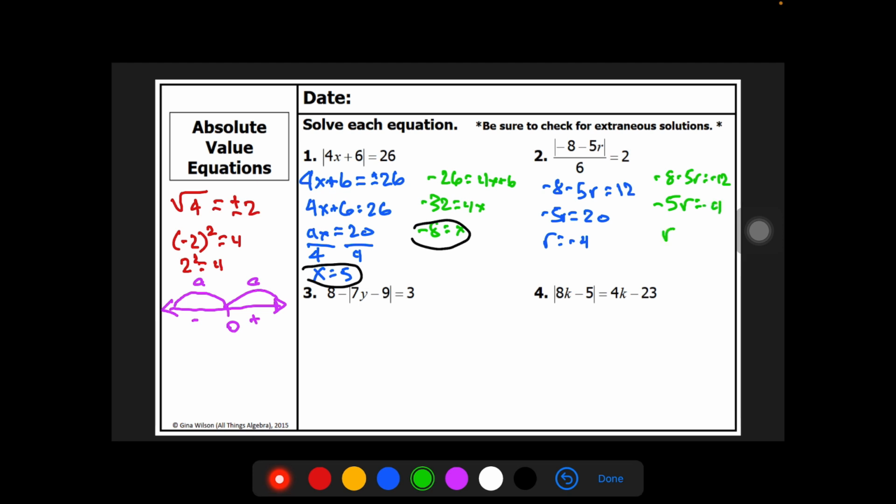Divide by negative 5, we get r is equal to negative 4 over negative 5, or 4/5. Calculators are going to tell you that's 0.8. It's the same thing. Two solutions for absolute value, because there are two distinct places on a number line that are equidistant from 0.